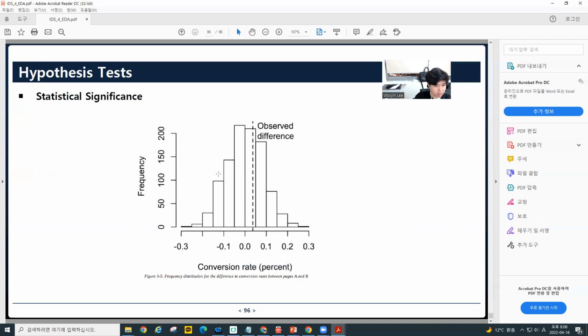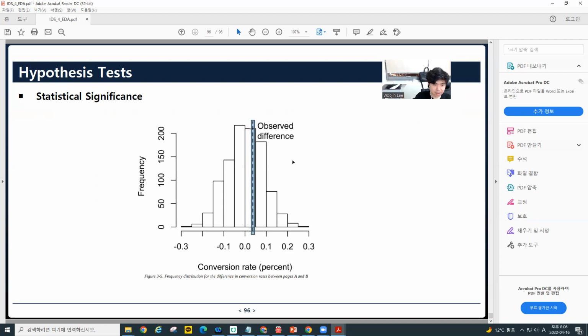The histogram of this data shows the average mean difference between A and B, and this is the observed difference. In this data, since the observed difference is in the middle of the histogram, we can find that this kind of difference can often be found randomly.